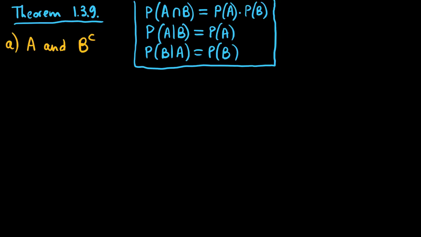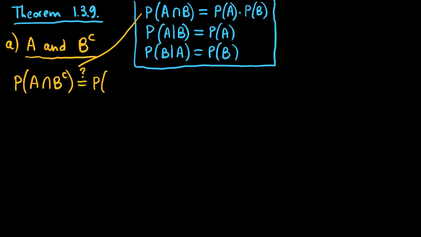We're trying to show that these two sets are statistically independent. And I'll pick the first form here. So we want to show that the probability of A intersection with the complement of B is equal to the product of the probability of A times the probability of the complement of B.